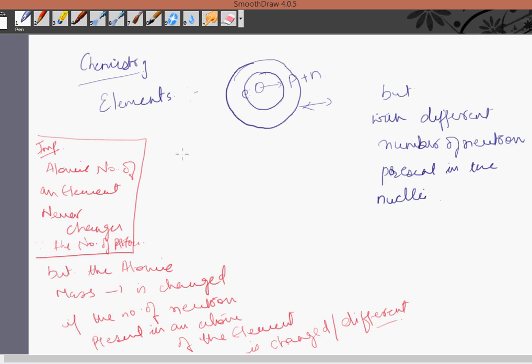So what do we call these elements? We call them isotopes, right?